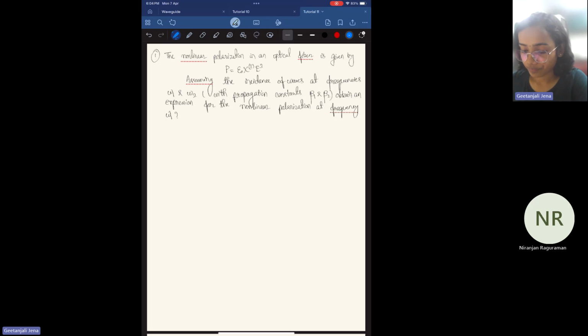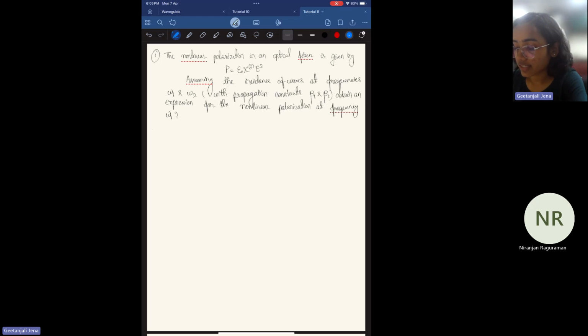The question says the nonlinear polarization in an optical fiber is given by P is epsilon 0 chi 3 E cubed. Assuming the incidence of waves at frequencies omega 1 and omega 2 with propagation constants beta 1 and beta 2, obtain the expression for nonlinear polarization at frequency omega 1.